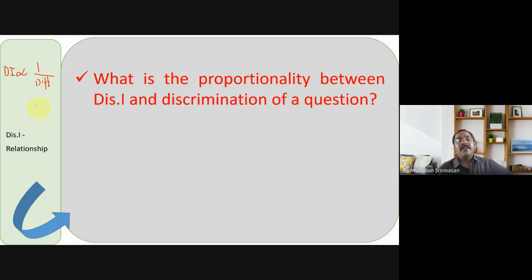So this is what we said. And what is the proportionality of the other? Before telling the range, what is the proportionality between the discrimination index and the discrimination of a question?